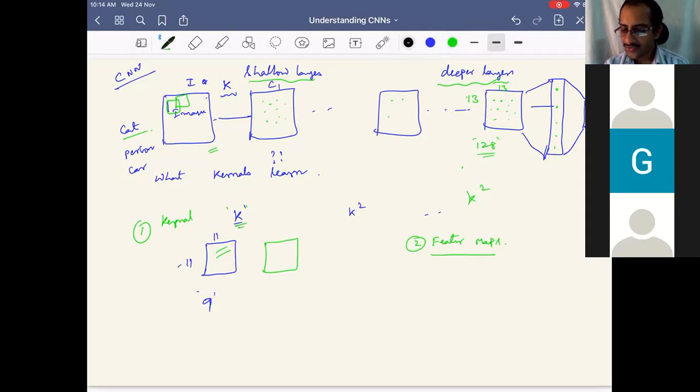Those values correspond to some important details based on which the decision is taken here. And those important values in the feature maps will have a receptive field in the original image.